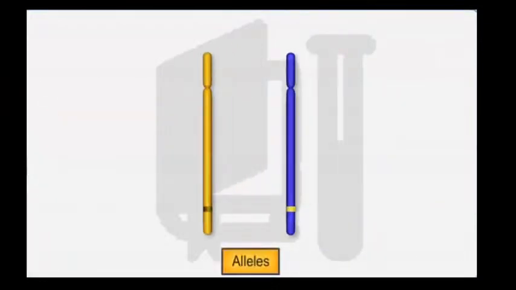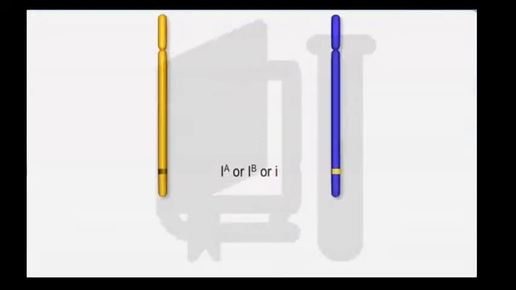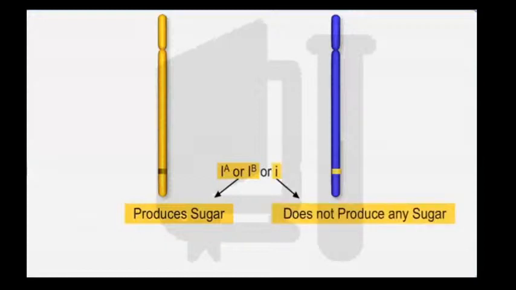This gene has three different alleles, namely capital IA, capital IB, and small i. Of these, alleles capital IA and capital IB produce sugars that are slightly different from each other, while the allele small i doesn't produce any sugar.